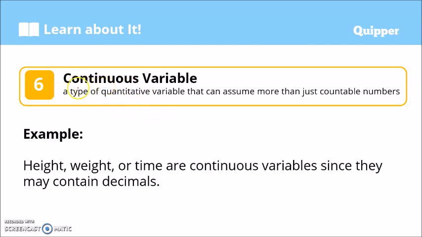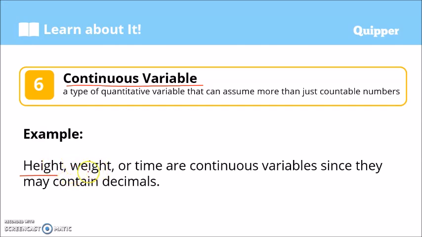Contrary to discrete variable, we have continuous variable. It is a type of quantitative variable that can assume more than just countable numbers. Ibig sabihin, pwede siyang sumobra as a whole number. Pwede siyang infractions, pwede siyang decimals. Example, yung height. Pwede namang yung height ng isang tao, 1.6, 1.65, 1.98, 2.0.